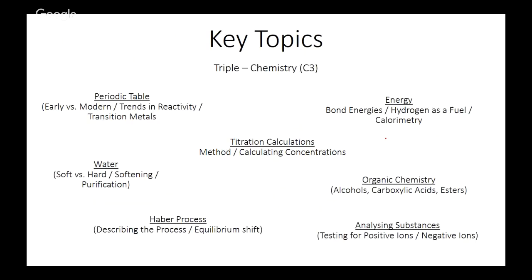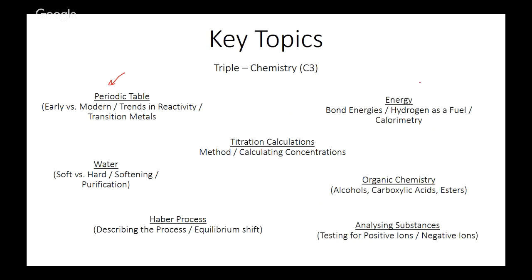A little bit on the periodic table, so early versus modern and the trends in reactivity, etc. Water, so soft and hard water, how you soften it, how you purify water. Titrations, including calculations and method for titrations.